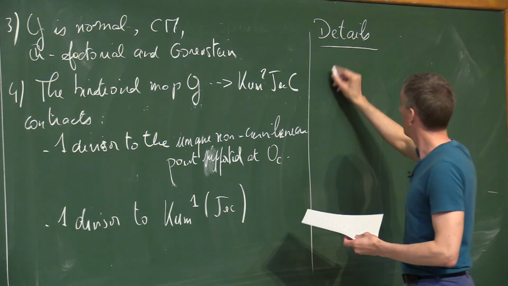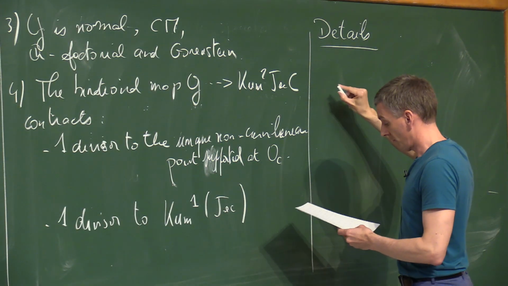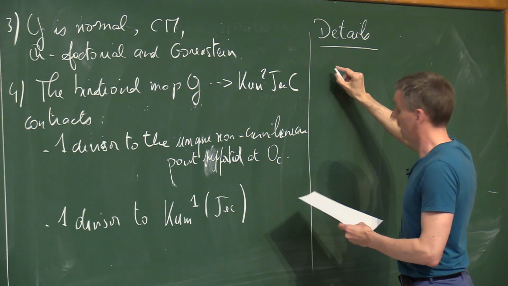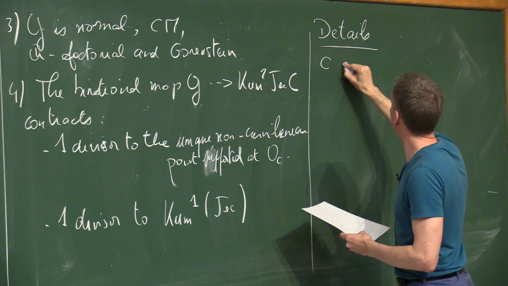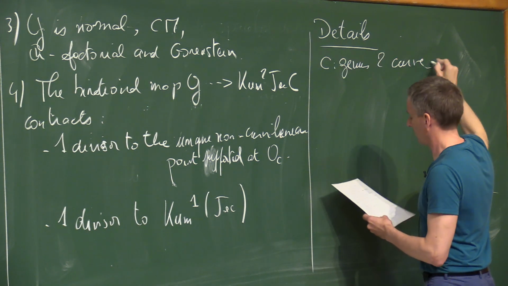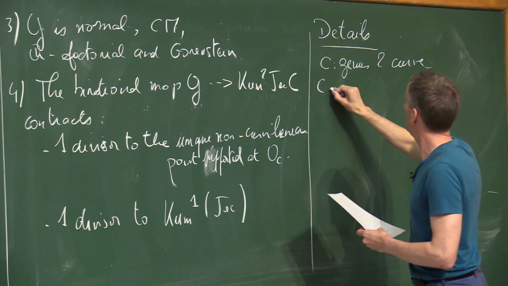So the details now. Let me enter into some technicalities. So I take C, the genus 2 curve. We know that C is hyperelliptic.